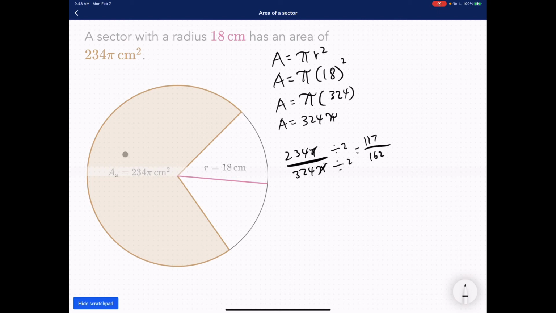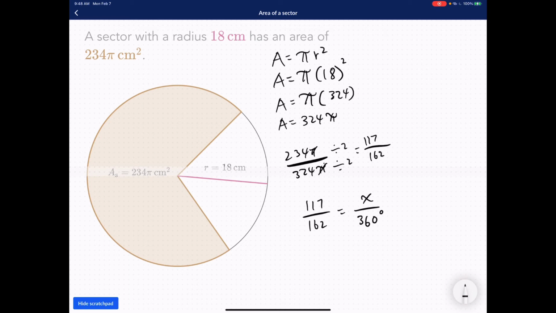So let's talk about this in terms of degrees, right? So 117 parts to the whole. This is the whole, 162. This entire thing is represented by 162, and we're talking about in terms of degrees. So if this is 162, then this entire circle is represented by 360.